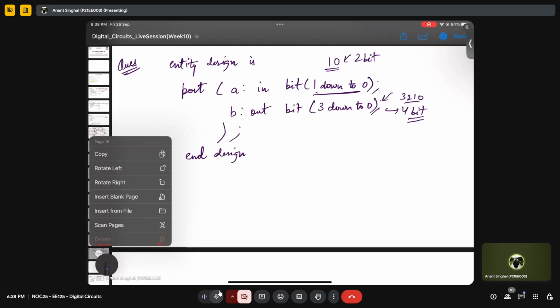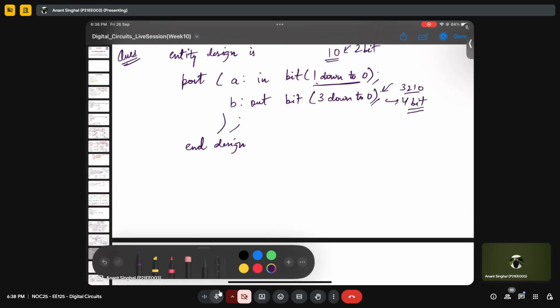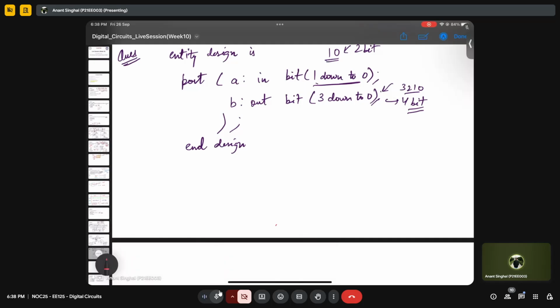Now in the process construct, we'll write it separately. It says begin. I have a process in which only A is in the sensitivity list.